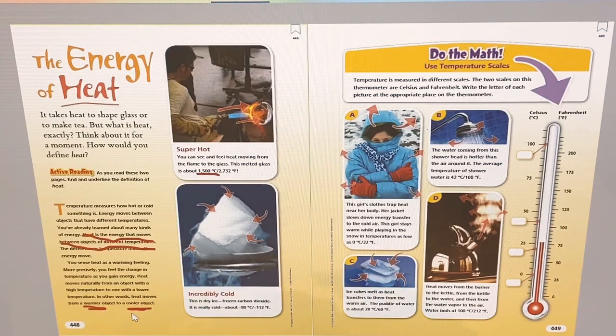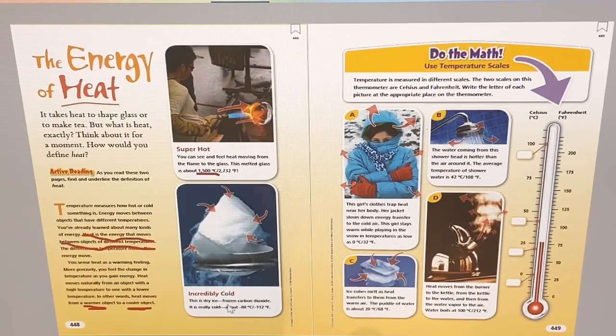If it's normal, then whenever something has a lower temperature, the heat from the higher temperature will move to this lower temperature, all right? And by looking at this ice, incredibly cold. This is dry ice. What do I mean by dry ice?